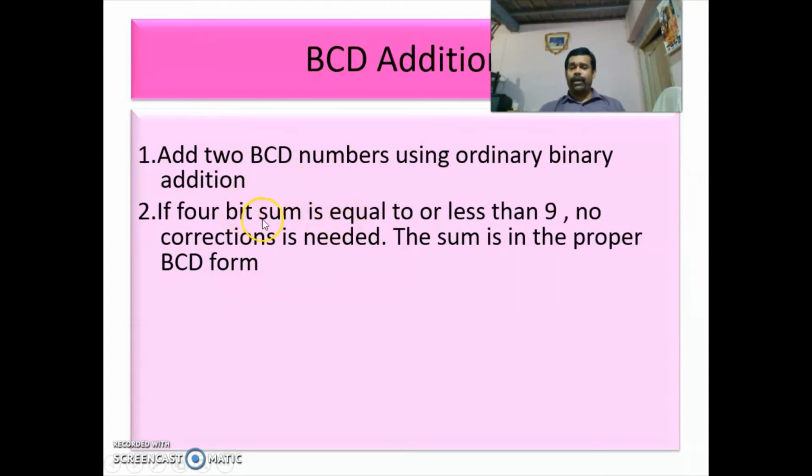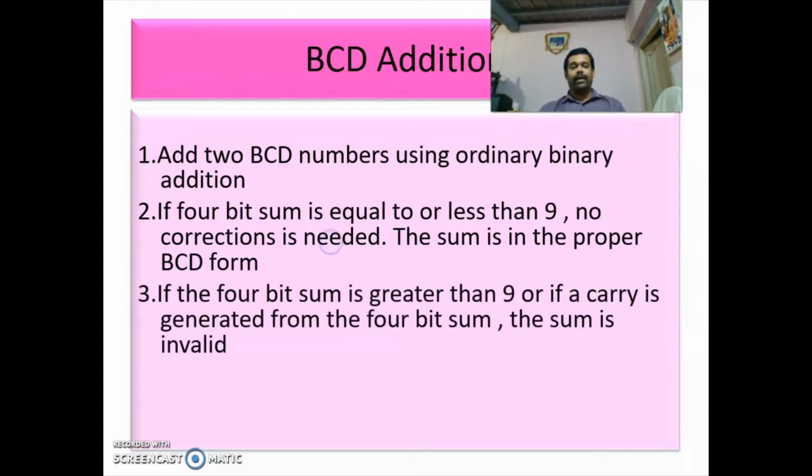If the sum you get is equal to or less than 9, then no correction is needed. The sum is in the proper BCD form.